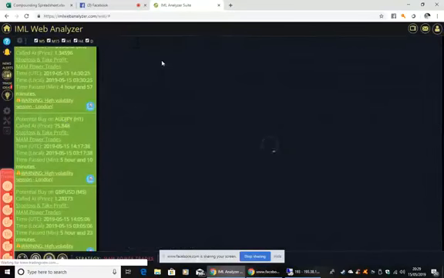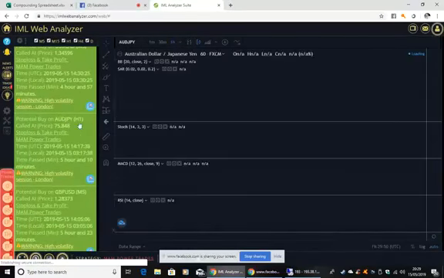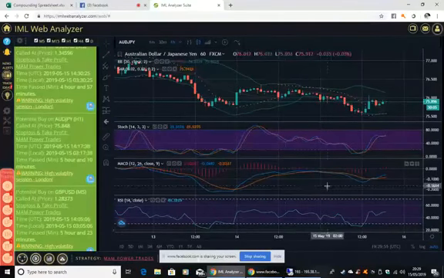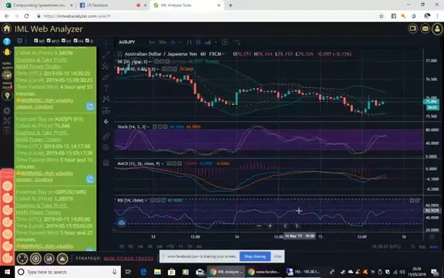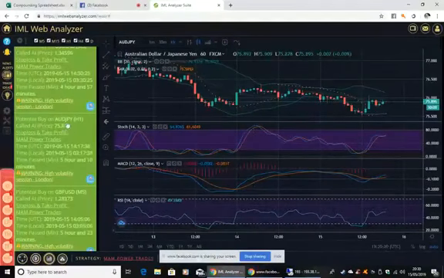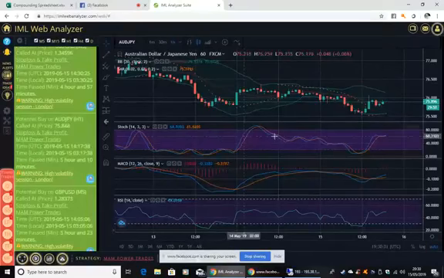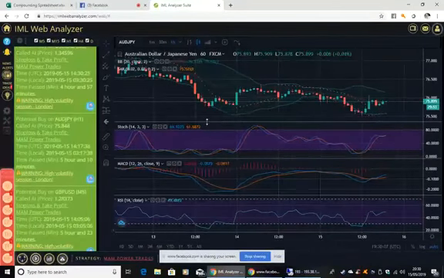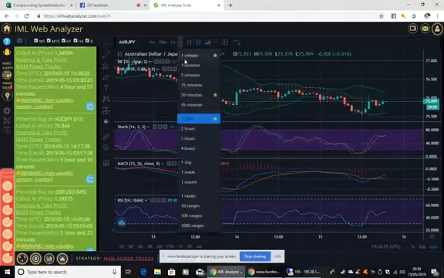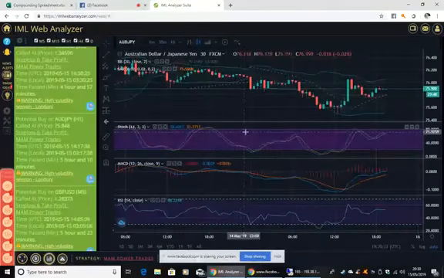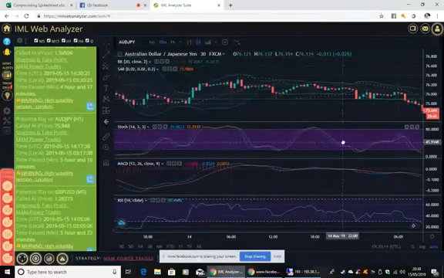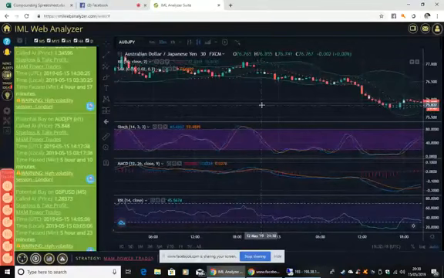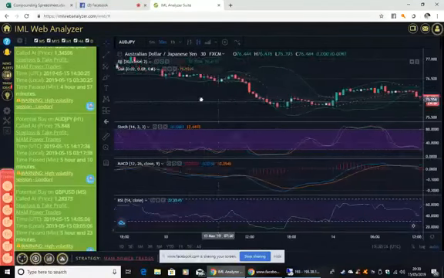GBP, this was on the hour time frame, I should say, and this time is called 2:20. Let's go down to 30 minutes.